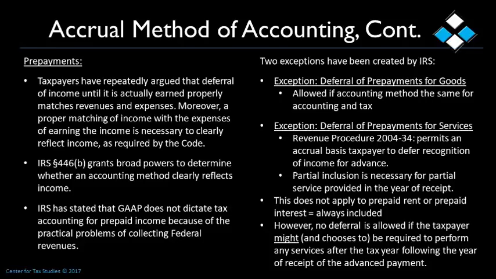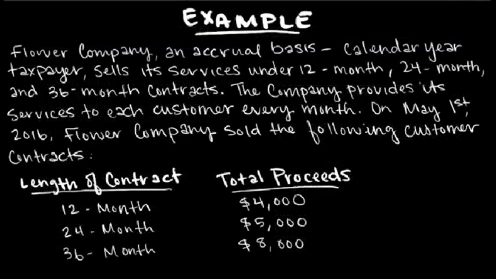However, no deferral is allowed if the taxpayer might be required to perform any services after the tax year following the year of receipt of that advance payment. So, for example, Flour Company, an accrual basis calendar year taxpayer, sells its services under 12-month, 24-month, and 36-month contracts.